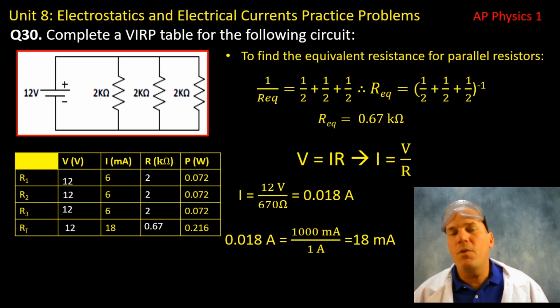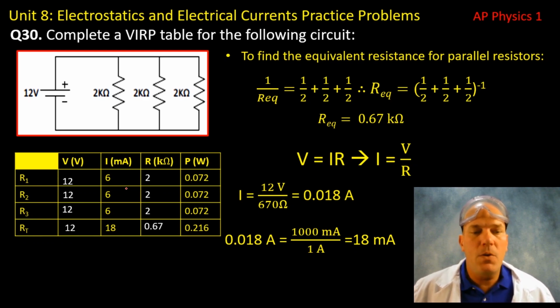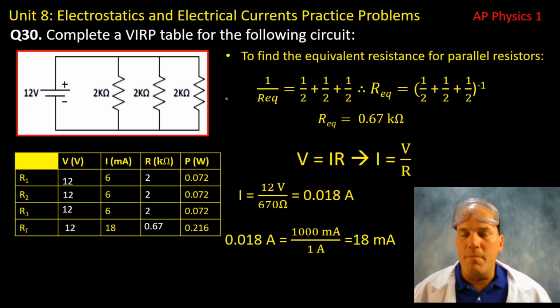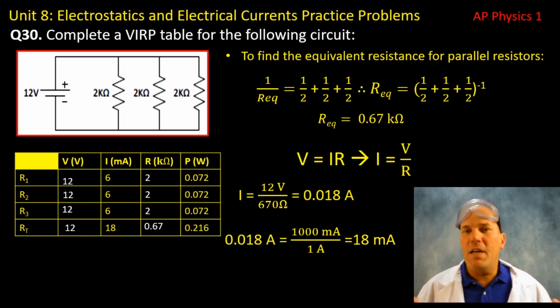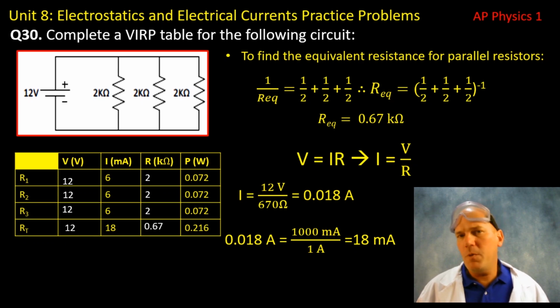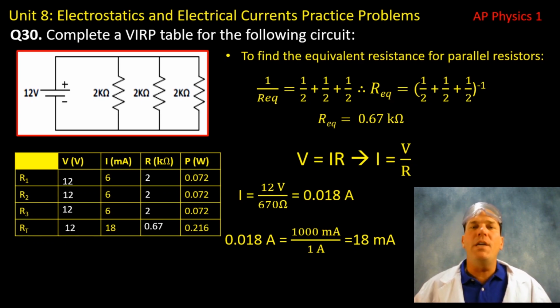And before moving on to question 31, I want to look at a couple things on this verb table. Let's start with the current. So notice that we have a total of 18 milliamps of current, and we have resistors, and they are all the same. So based on our river analogy and the path of least resistance, we would expect equal amounts of current to go through each of these parallel branches.